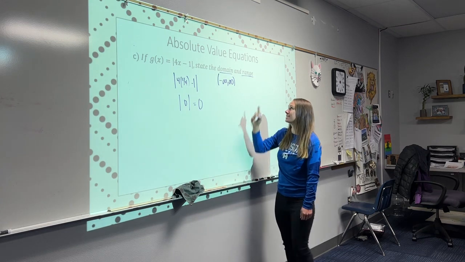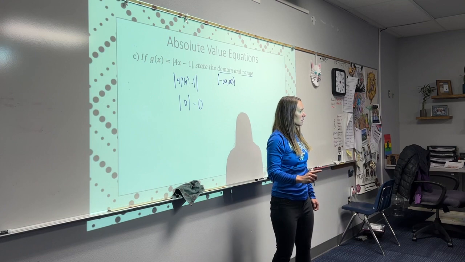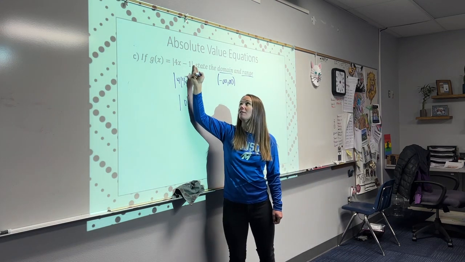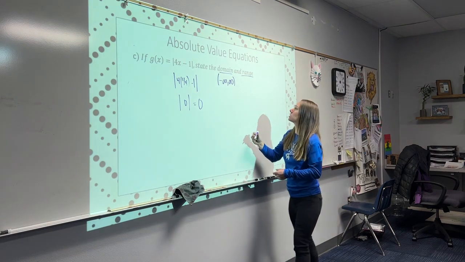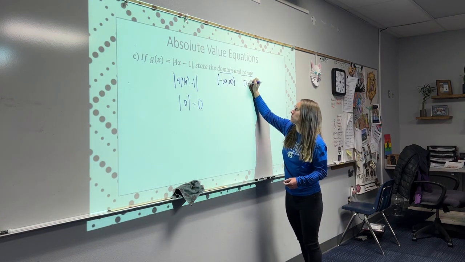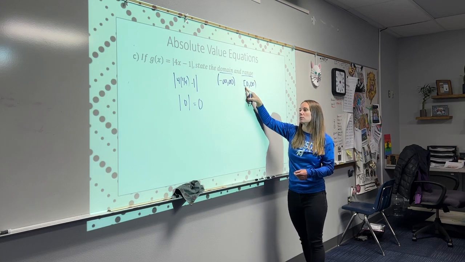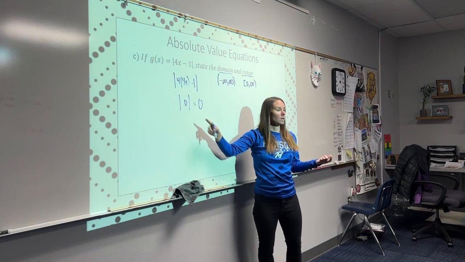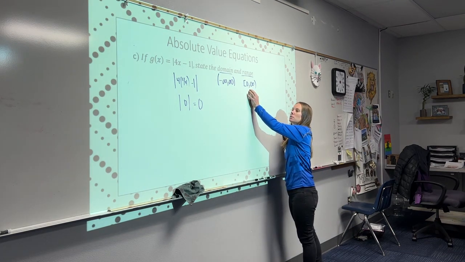So I can get 0 for my y value. Can I get any negative numbers? No, because the absolute value of anything is positive. So my range is going to be from 0 to infinity. Why did I put a closed bracket on 0? Equal to 0. Yeah, because I can get 0. And so this is a fancy way of saying that I'm gonna get all positive numbers from this.